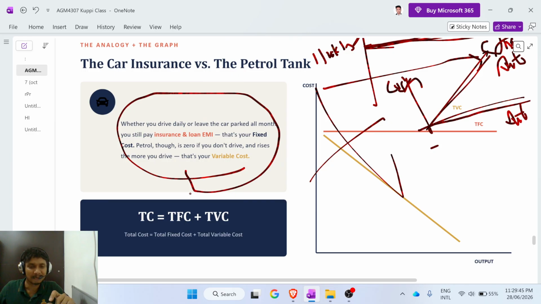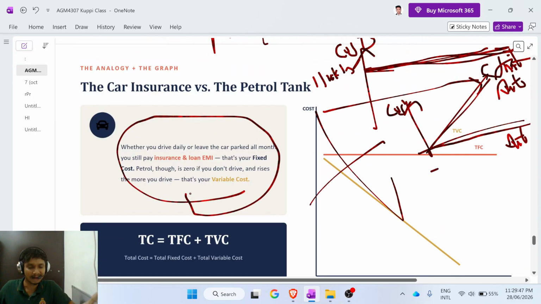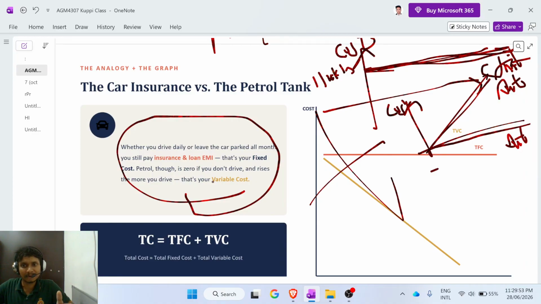Okay, there is a small real example. I am using a car for my hotel. If I use my car, I have to spend money for fuel. But if I don't drive the car for one month, I don't need to spend money for fuel. But I have to pay the loan, even though I don't drive. I have to pay insurance for that month.